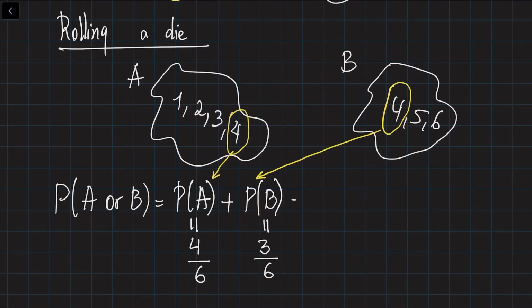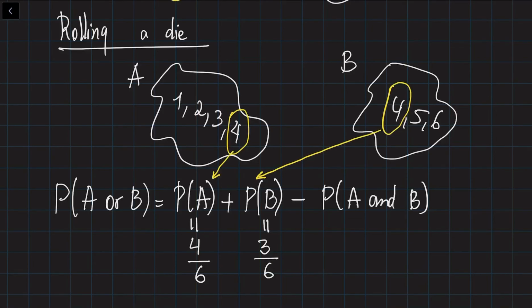That is why you need to subtract one time the 4, which you have included twice. So we need to subtract the probability of A and B. The probability of A and B, from the sets' perspective, is the intersection of the two sets. Finding the intersection of the two sets basically means finding the items which are included in both of the events, right?